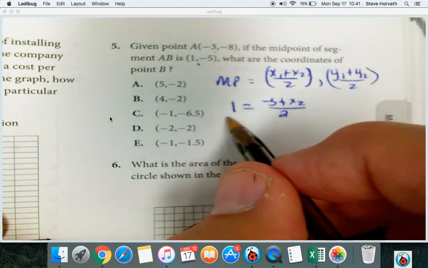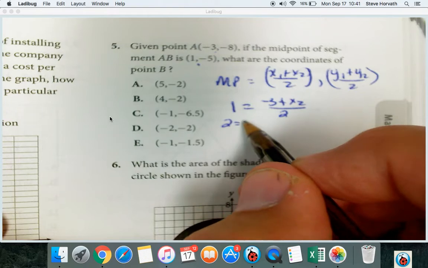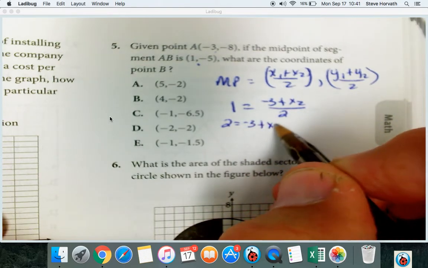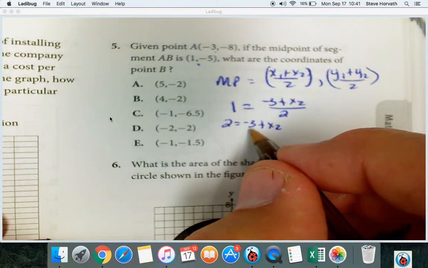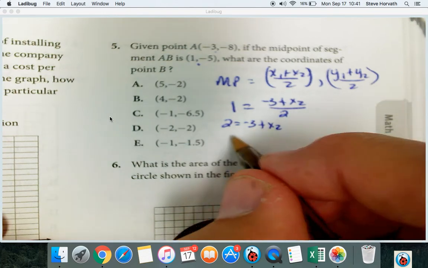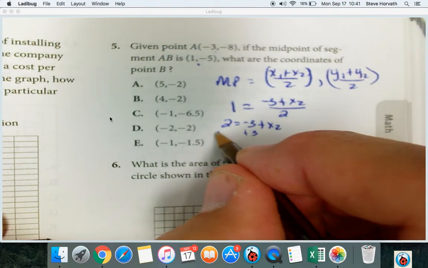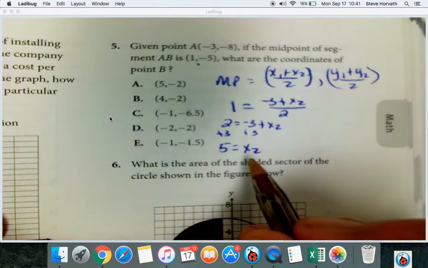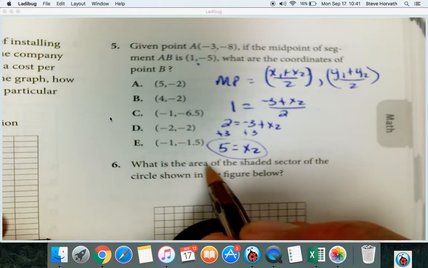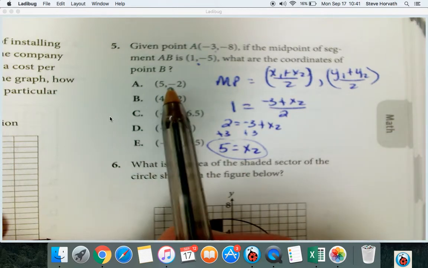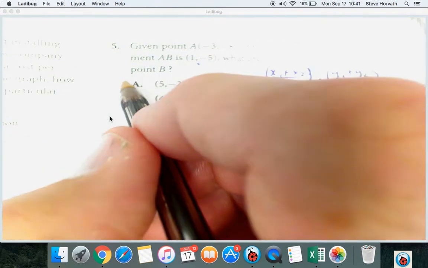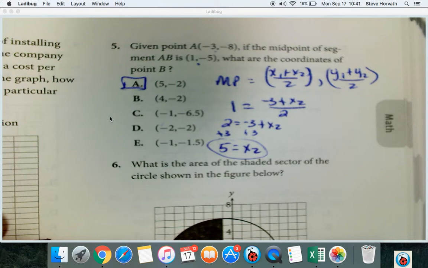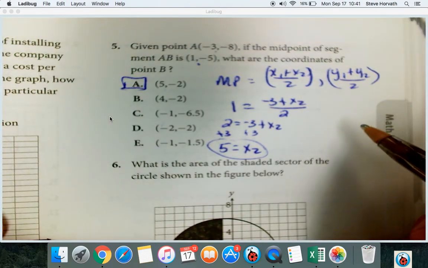Well, if I multiply both sides by 2, I get 2 is equal to -3 plus x2. Add 3 to both sides, we get 5 is equal to x2. So that means the x-coordinate of my endpoint is 5, and at this point we see that there's only one answer choice that has 5 as an x-coordinate. So that has to be correct.